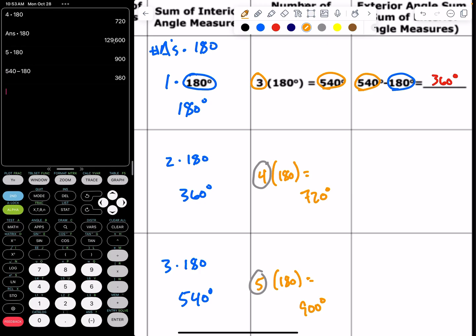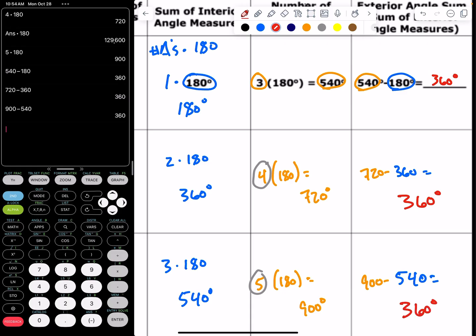So we've got 720, 900, and let's add our blue, 360, and 540. So 720 minus 360, that's going to equal 360 as well. 900 minus 540 equals 360.